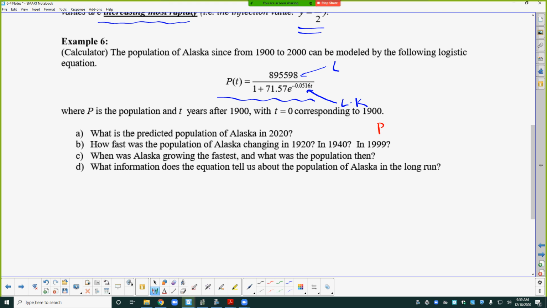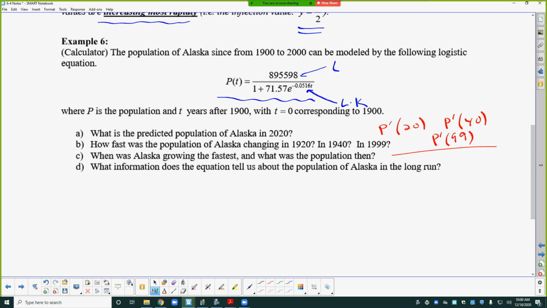We're essentially being asked to find P prime of 20, P prime of 40, P prime of 99. I think you can just write that and then find it by doing nDeriv on your calculator. If it's a calculator test, they will not require you to take a derivative by hand. If it's a calculator test, I'm going to write this notation and then just write my answer.